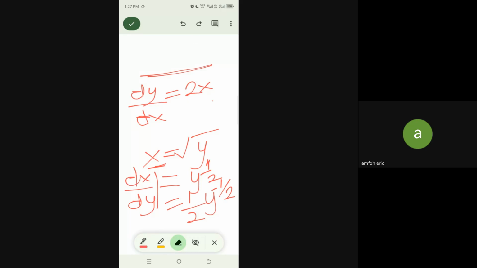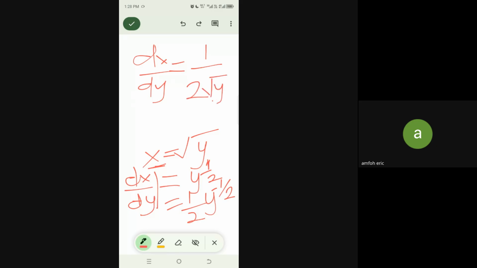And so this can be rewritten, so dx dy is now the same as 1/2 root y. Is it clear? I need responses. Is it clear?